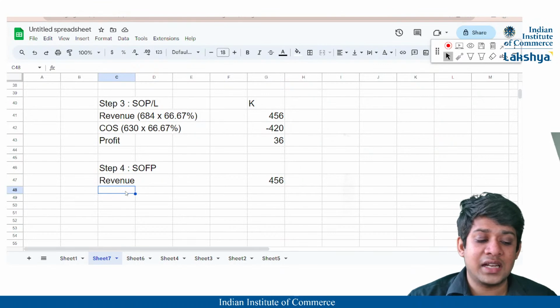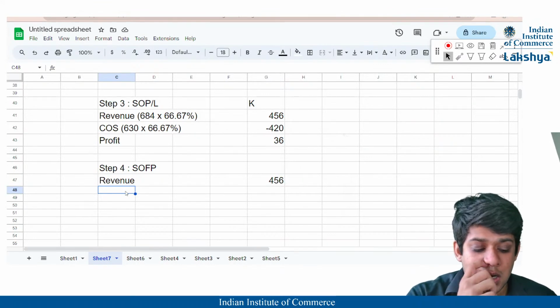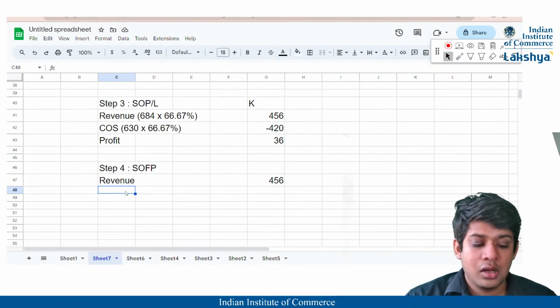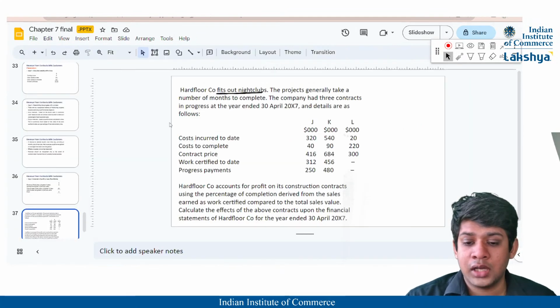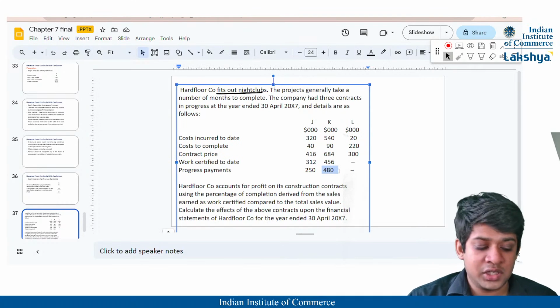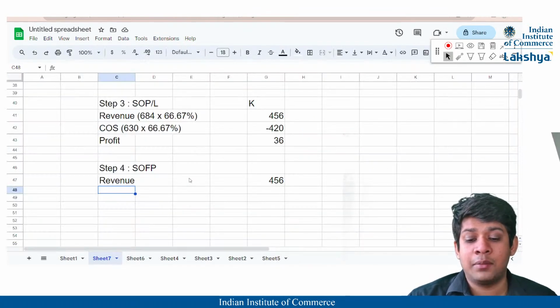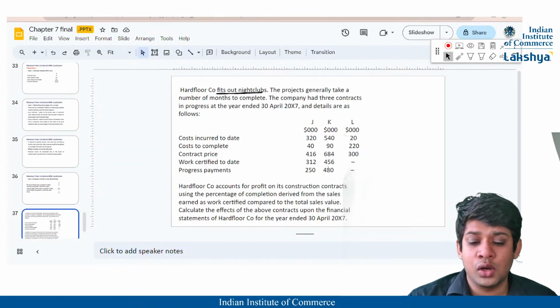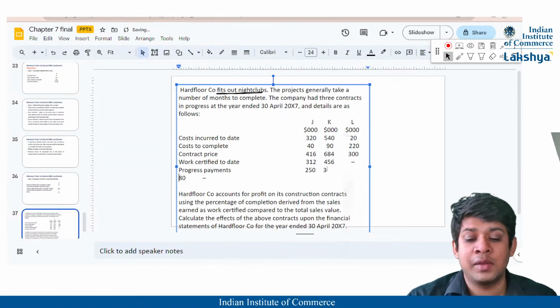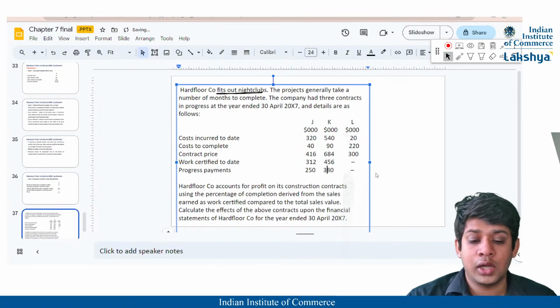So that means technically guys, here there will be a contract liability, correct? If in case it is 480, the progress payments which are stated here is 480. So technically there will be a contract liability here, but let's not get into the contract liability part. I'll rather just make it 380. Okay.